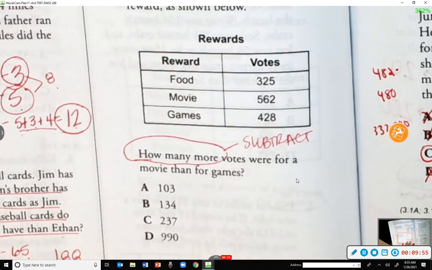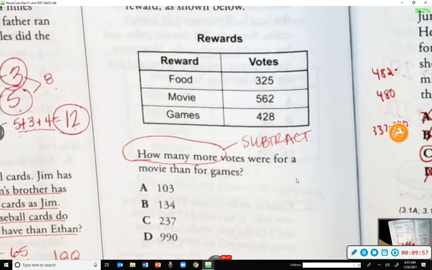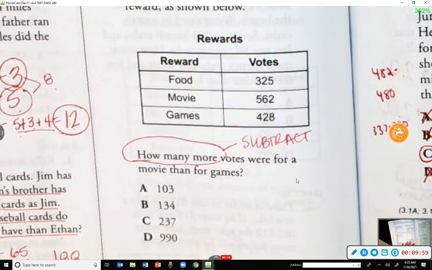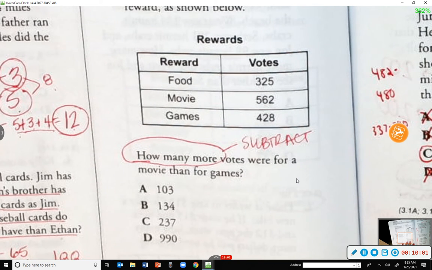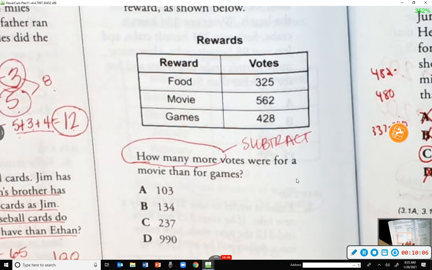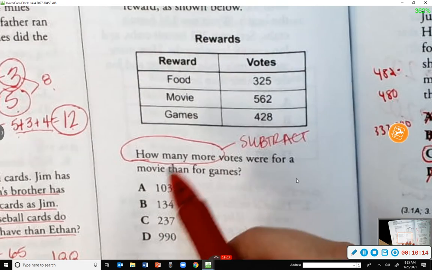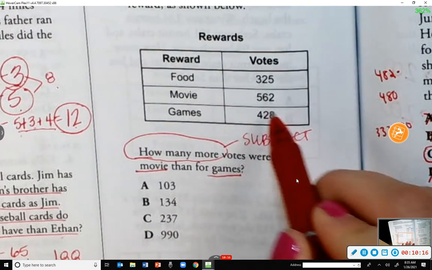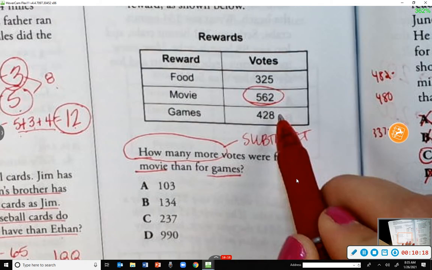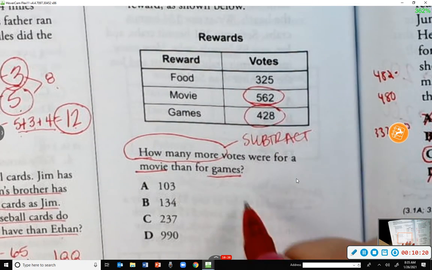Now, Allie, what am I going to subtract? You need to make sure you use the right numbers. They wanted movie and games, so I'm going to use 562, 428.